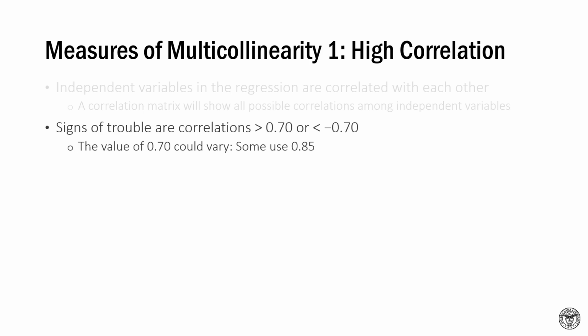As a common rule of thumb, multicollinearity could be a potential problem if the absolute value of the sample correlation coefficients surpasses 0.7 between any pair of independent variables. Some researchers may opt for a higher threshold, such as 0.85, depending on the specific requirement of the regression models.